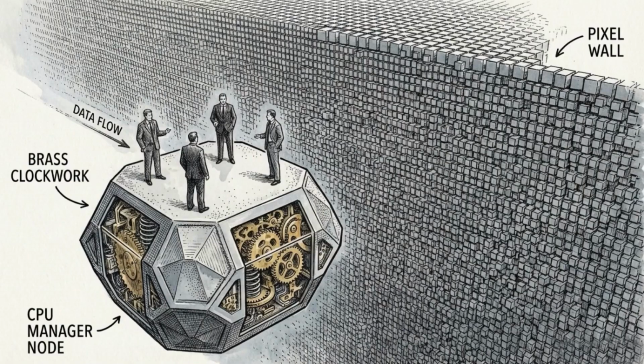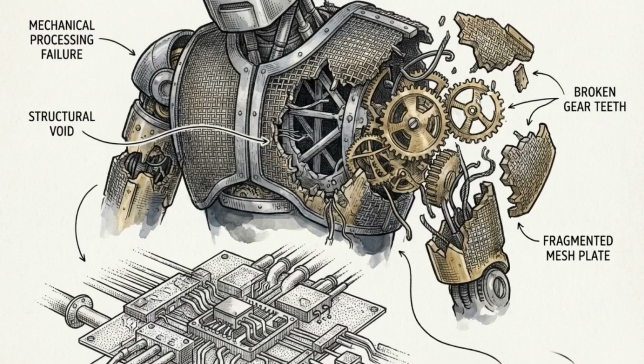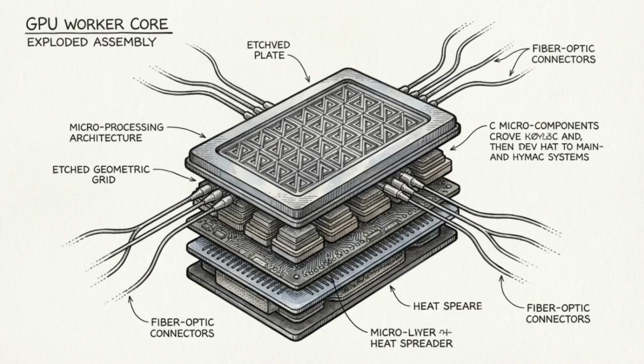A small team of CPU managers, no matter how fast they switch tasks, cannot process millions of pixels quickly enough to maintain a smooth visual experience. This gap in hardware led to the development of the Graphics Processing Unit, or GPU.